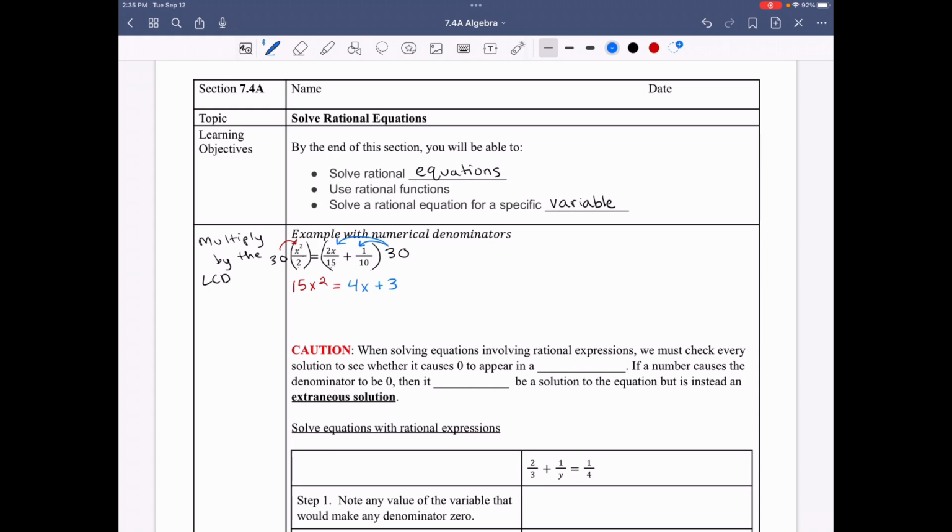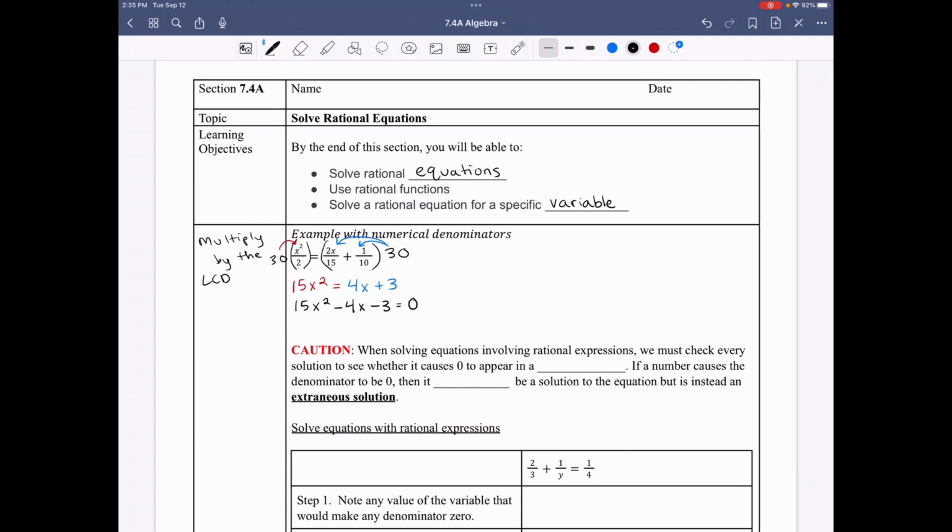Now we want to set this equal to 0, so I have 15x squared. I'm going to subtract the 4x, and I'm going to subtract the 3, which leaves 0 on that side, right? And then we have to factor this.